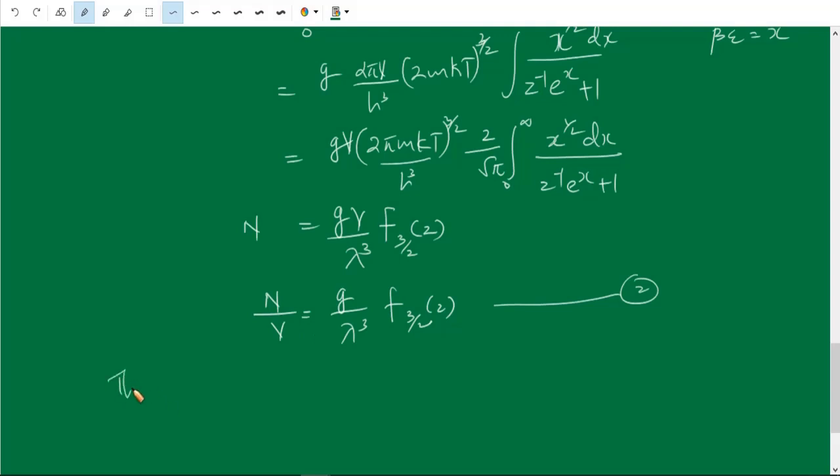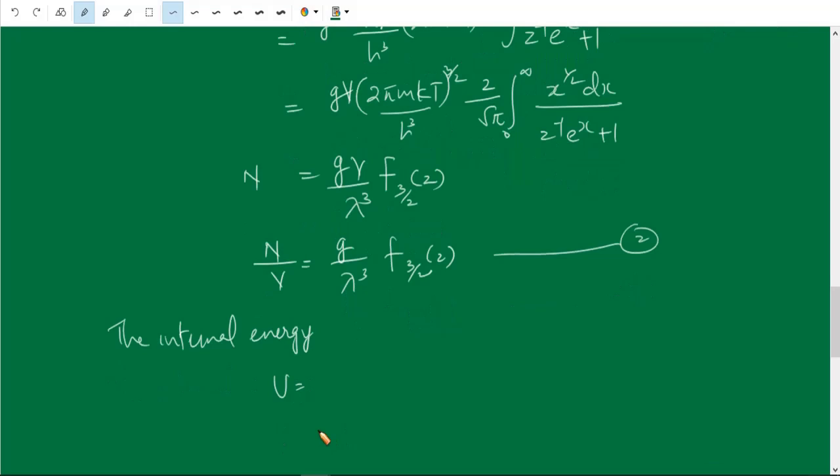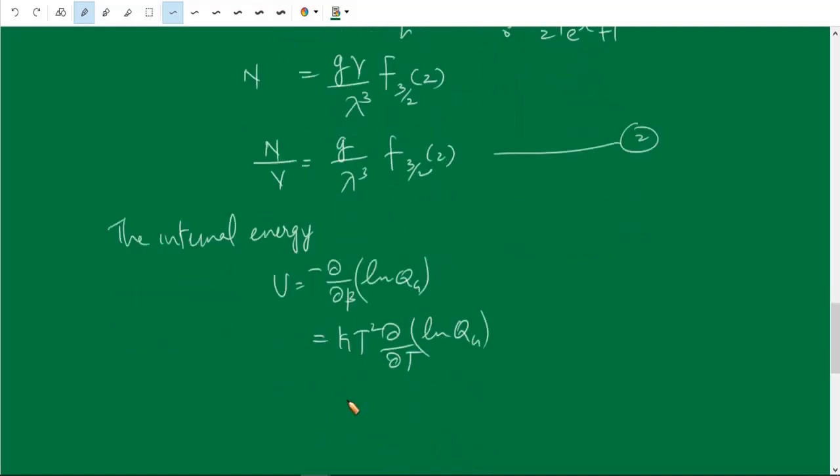The internal energy. We know the internal energy U is equal to minus partial derivative with respect to beta of log Q, the grand partition function, which can again be written as KT square, partial derivative with respect to T of log Q. Now log Q is equal to the potential, which is equal to PV divided by KT.